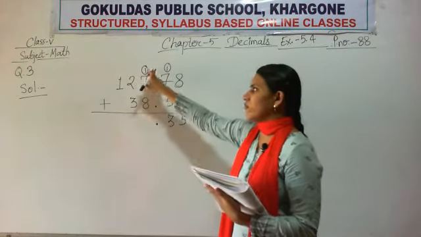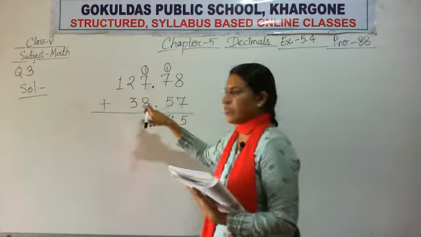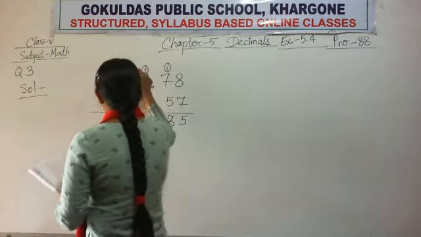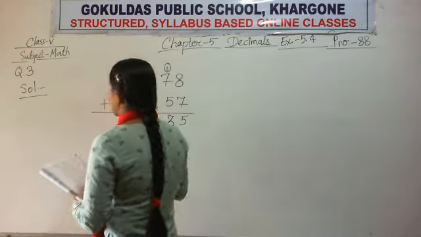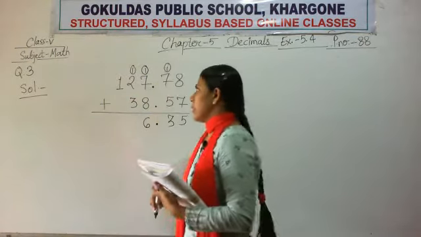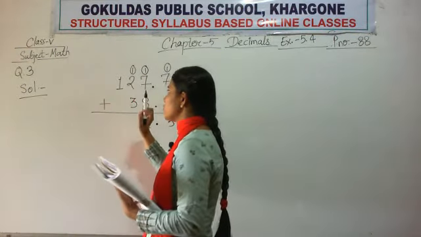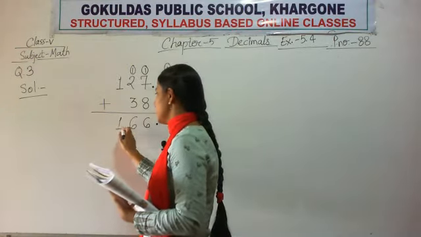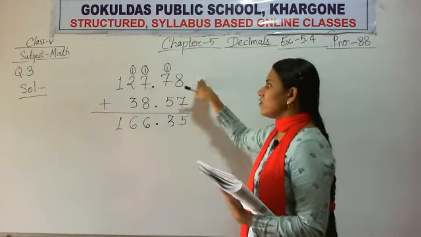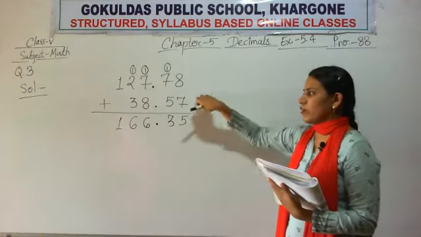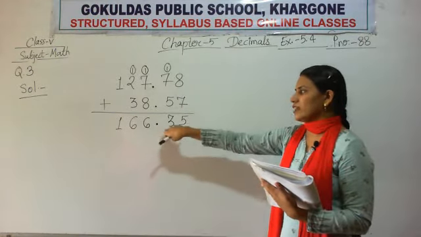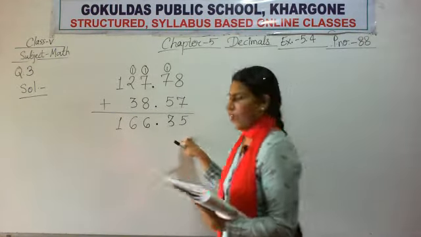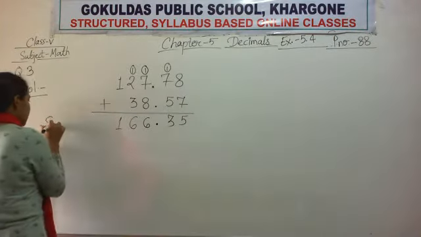In the ones column, 1 plus 7 is 8, 8 plus 8 is 16, so 6, 1 carry forward. Now in the tens column, 1 plus 2 is 3, 3 plus 3 is 6, now 1 is copied down. So our sum is 166.35.